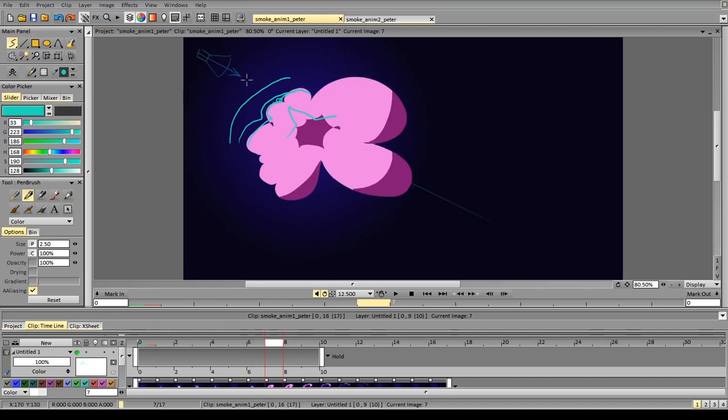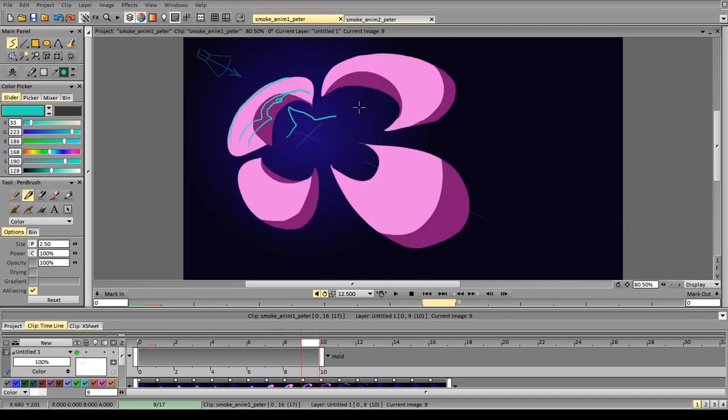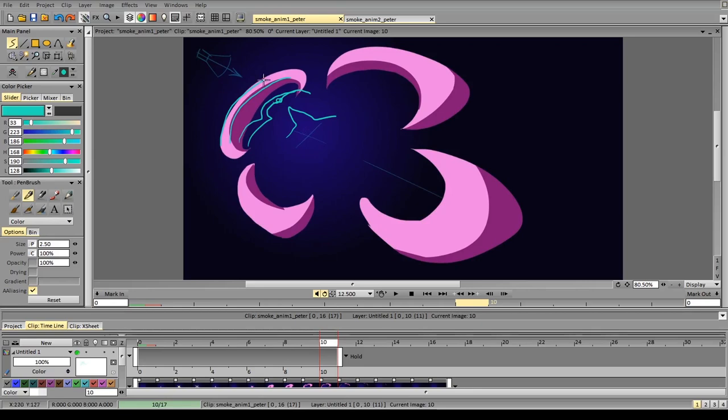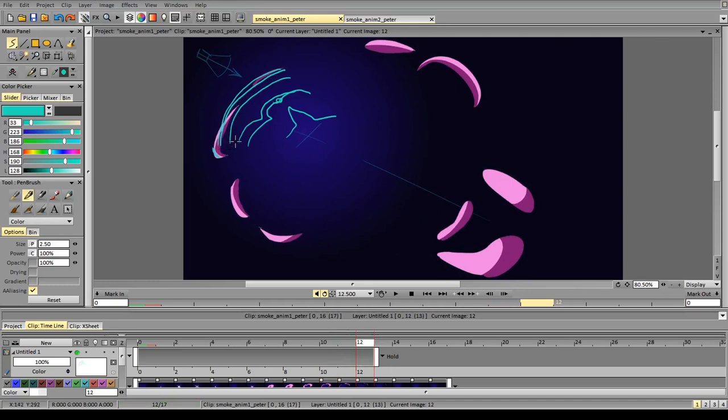So it was quite more detailed shape here, and then it decelerates and becomes more simplified shape, and then it becomes even more simplified shape, and it accelerates again and decelerates again. Decelerates almost completely and accelerates in a different direction.